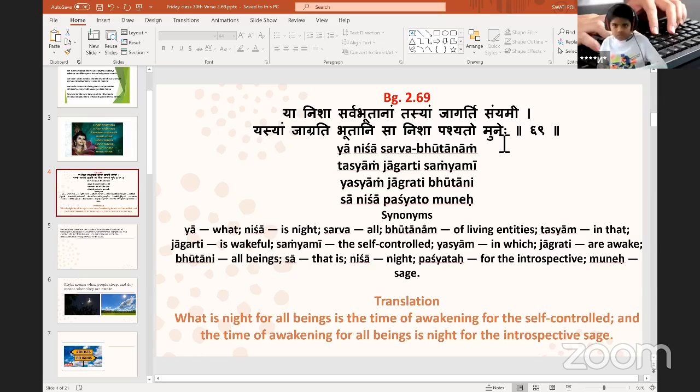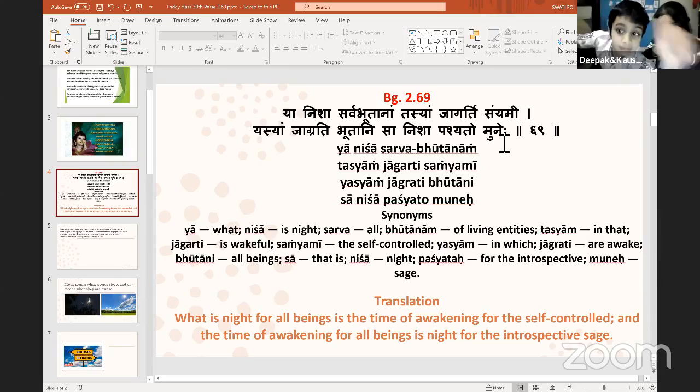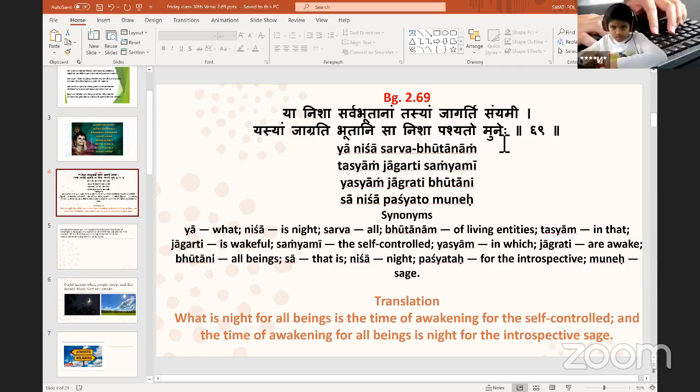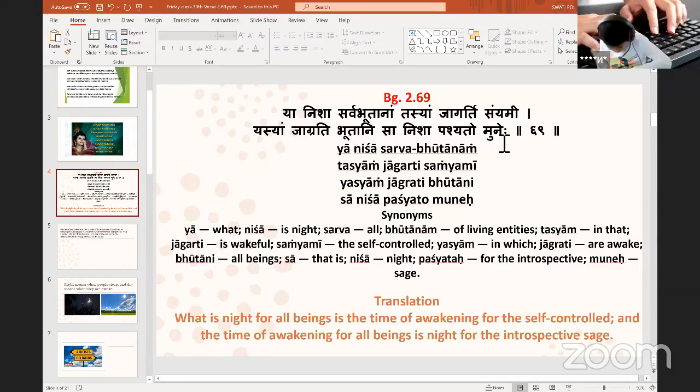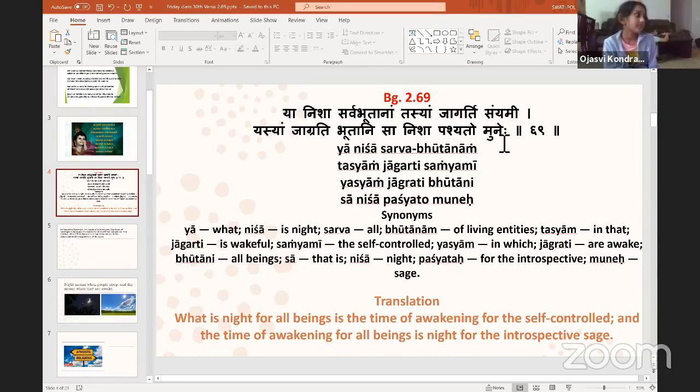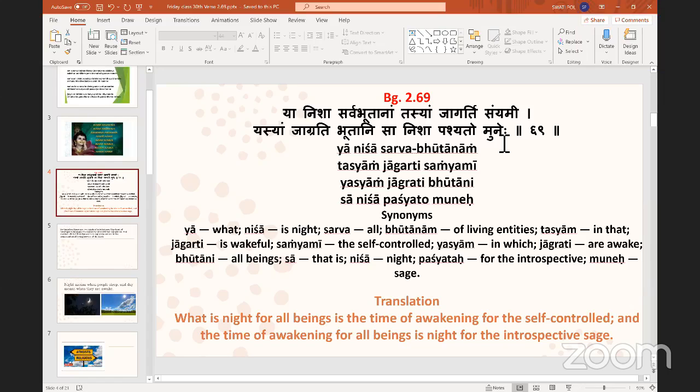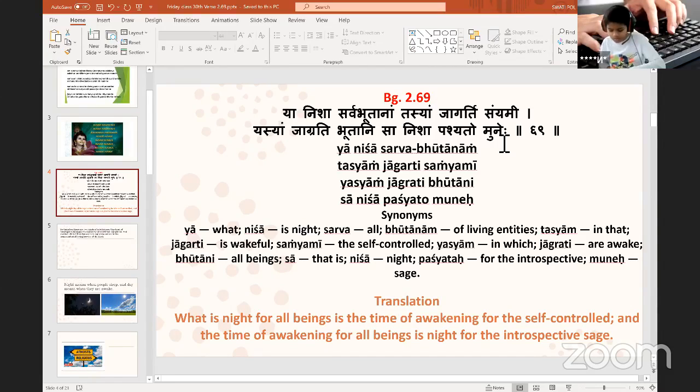Tasyam: in that. Jagrati: is wakeful, or awake. Samyami: the self-controlled.